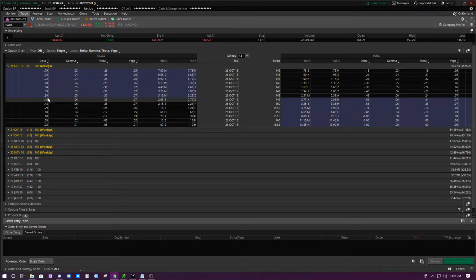As you can see, the further out of the money you go, the lower the deltas, because right at the money is like a big gravity force field. The further out of the money, the cheaper they are because you have a lower delta. When they're further out, the gravity doesn't have that much force on them.